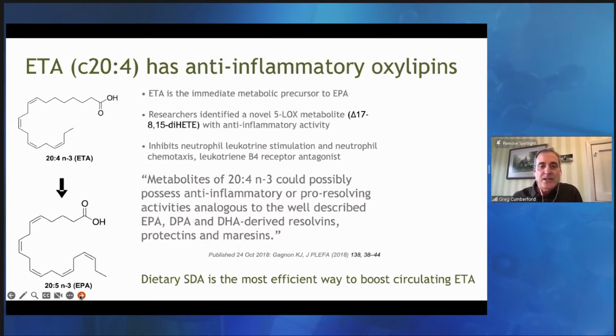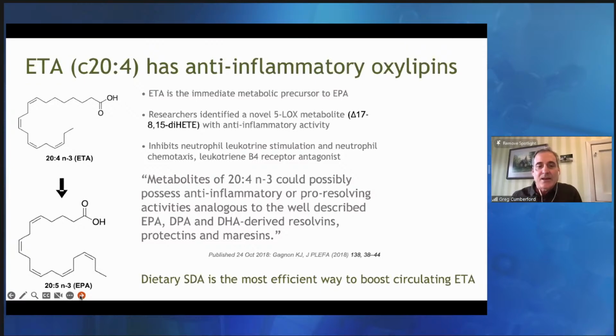Just in 2018, researchers in Canada identified a 5-LOX metabolite with anti-inflammatory activity, showing inhibition of neutrophil leukotrienes and neutrophil chemotaxis, and leukotriene B4 receptor agonist activity.